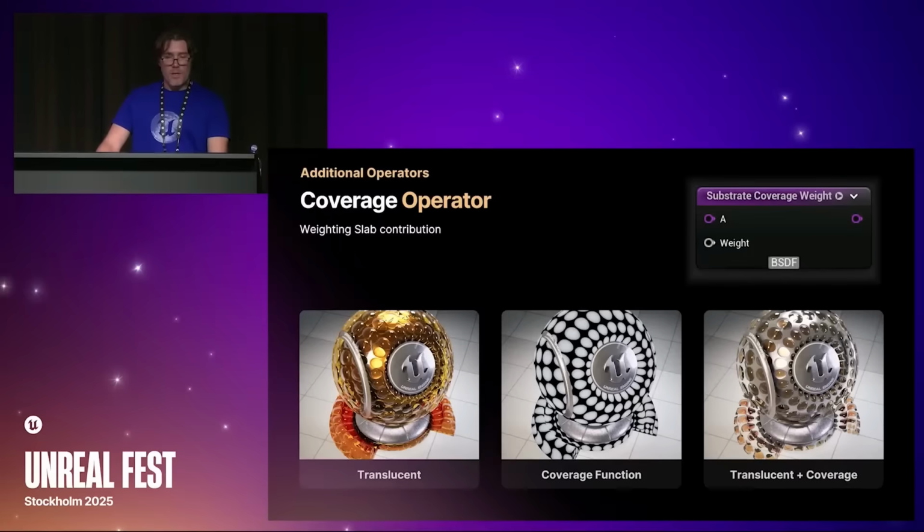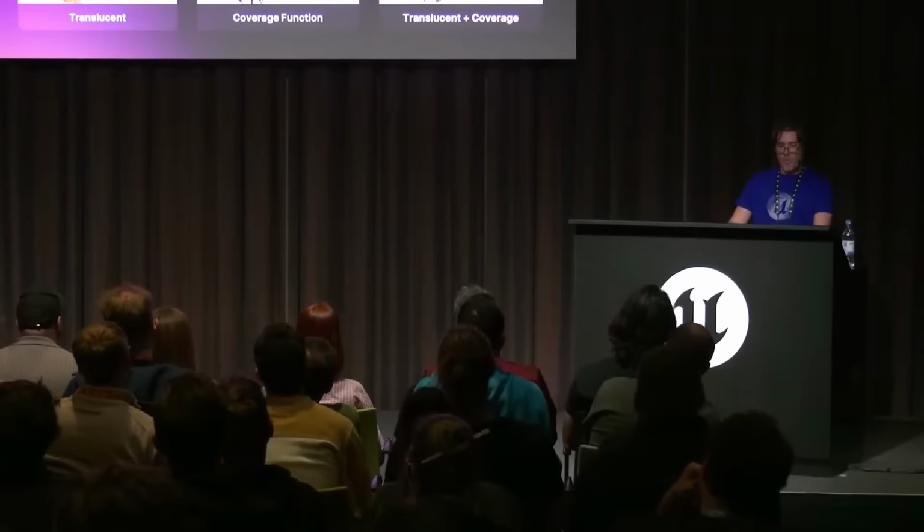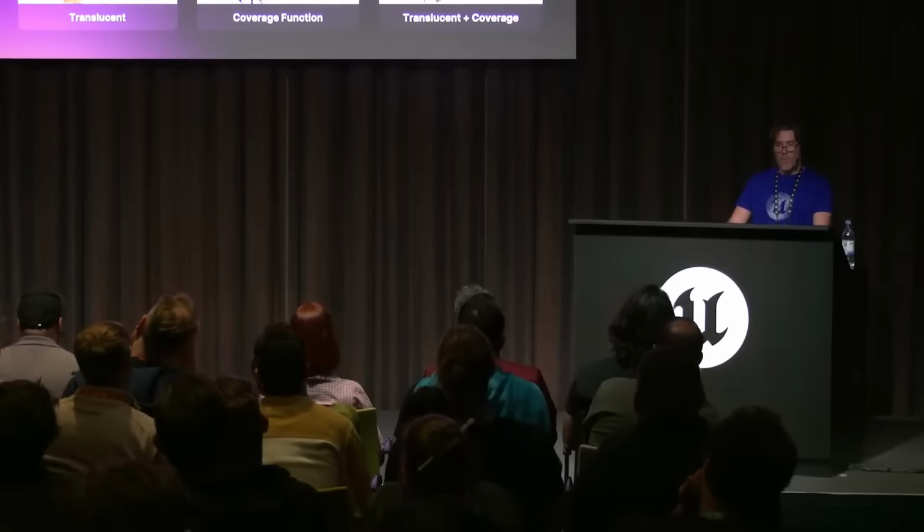As you can see, the material only appears where the mask is non-zero, and partial coverage is respected smoothly, not discretely. I tend to think of coverage as assigning a probability that a slab exists at any given pixel. At 0, it contributes nothing. At 1, it's evaluated fully.